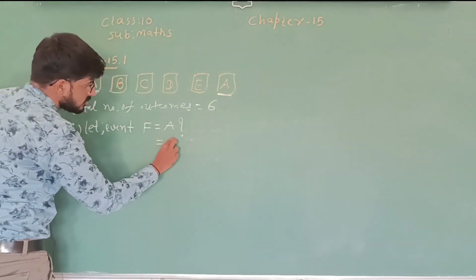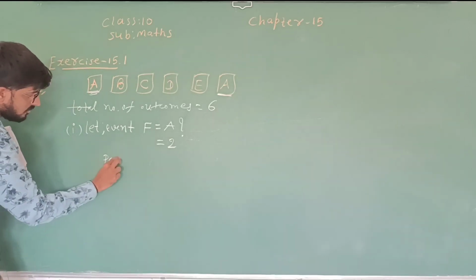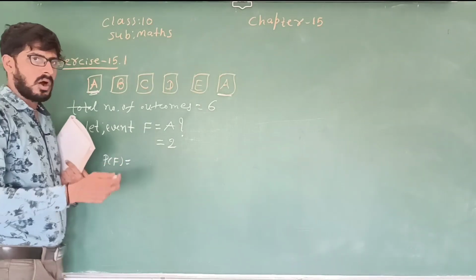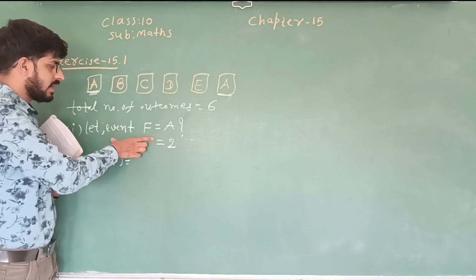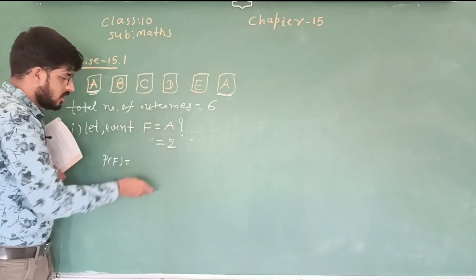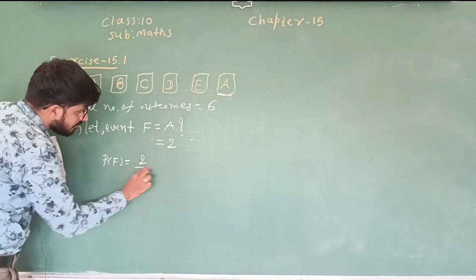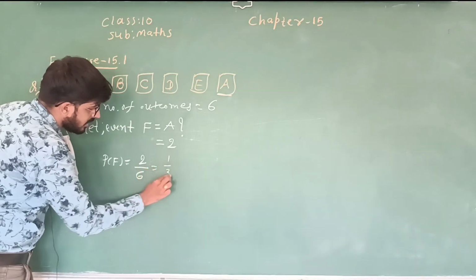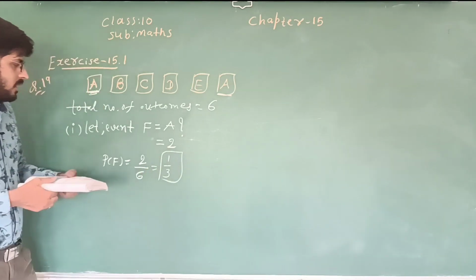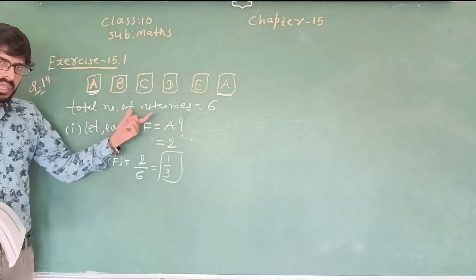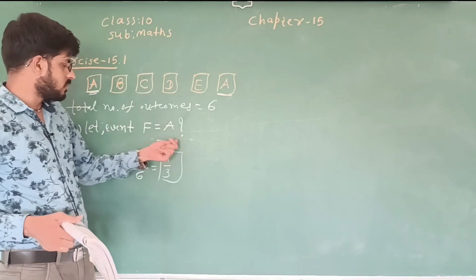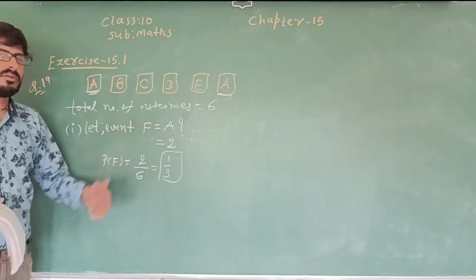We get 2 times A. So probability of F is equal to the number of outcomes favorable to event F upon total number of outcomes. So we get 2 by 6, which means 1 by 3. So probability of F is 1 by 3.